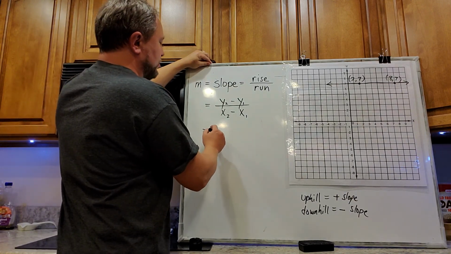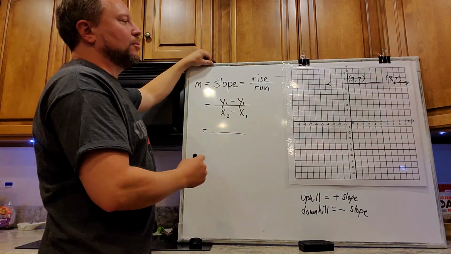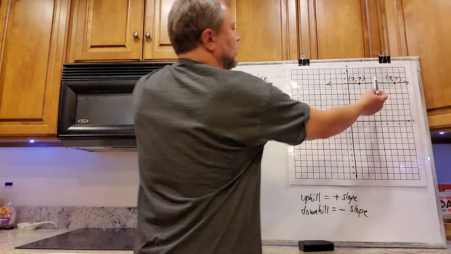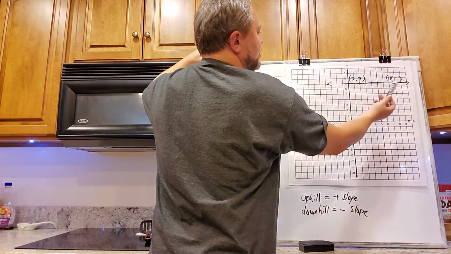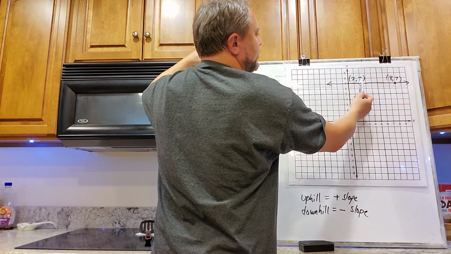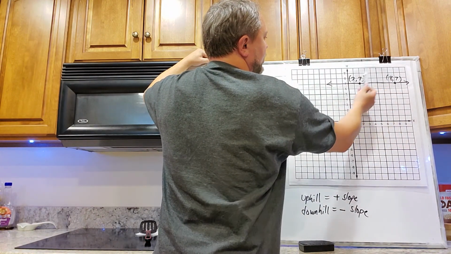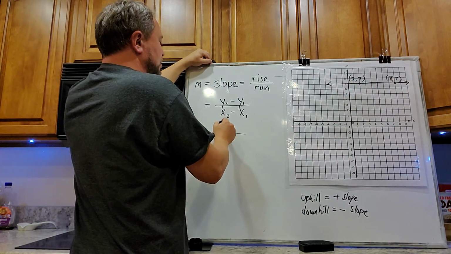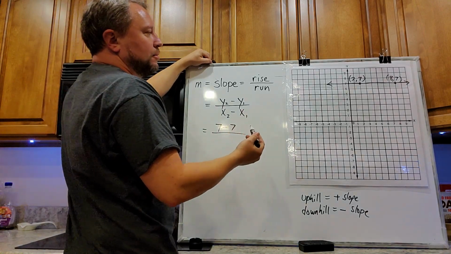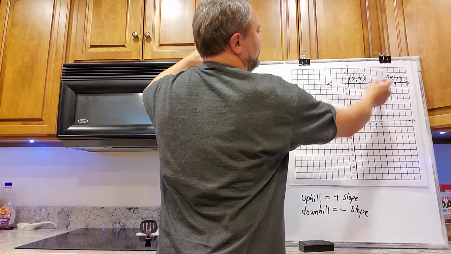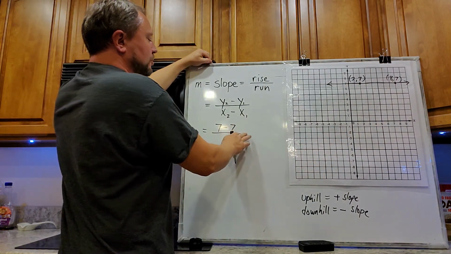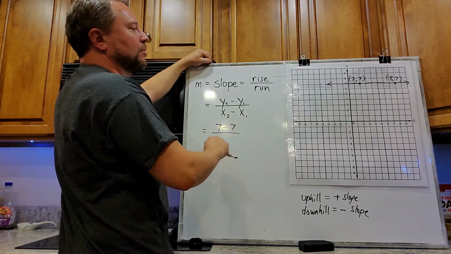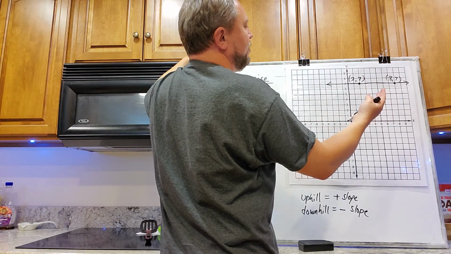Okay, so according to our slope formula, we got to subtract our y values on top. My y values are matching 7s. Really doesn't matter what order I subtract those in. 7 minus 7 or 7 minus 7 is still going to be the same. So I don't care if you call this going left to right or right to left. Down here, of course, then you would have to continue that pattern.